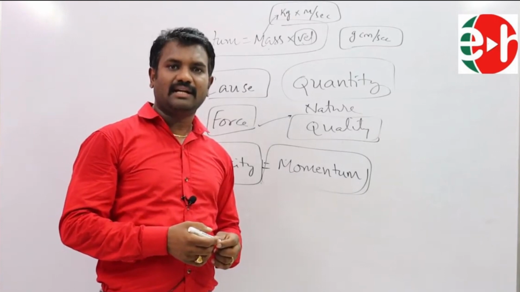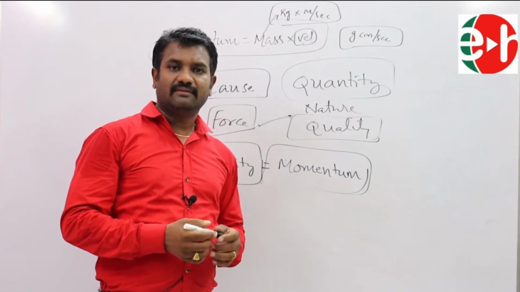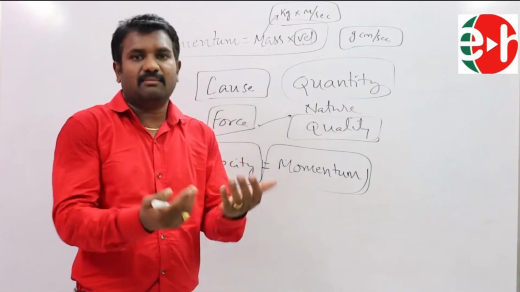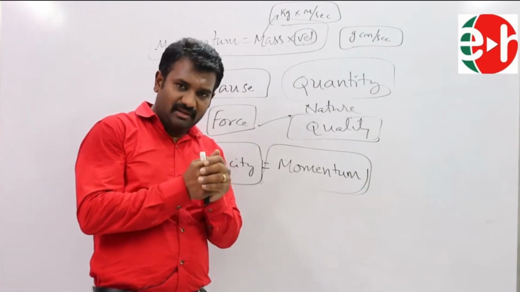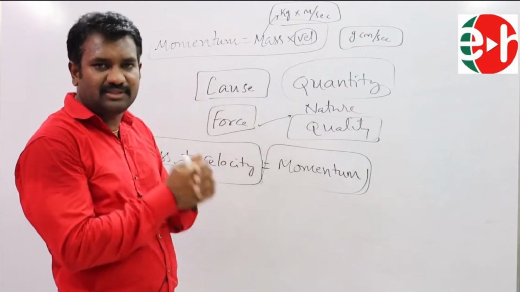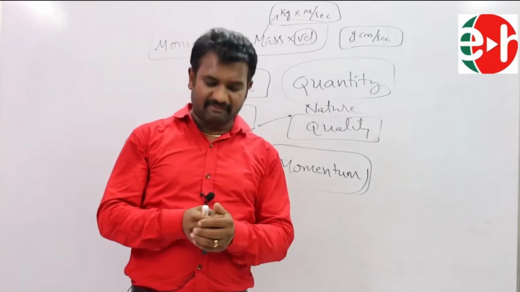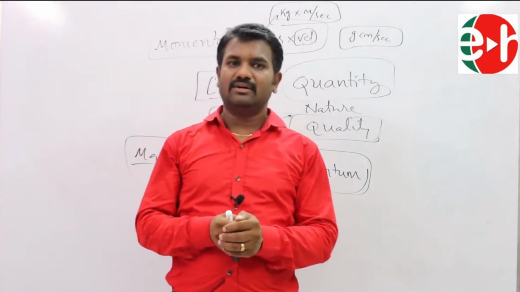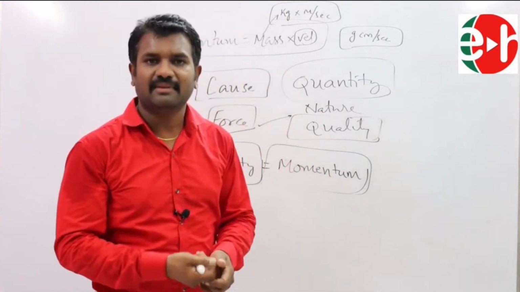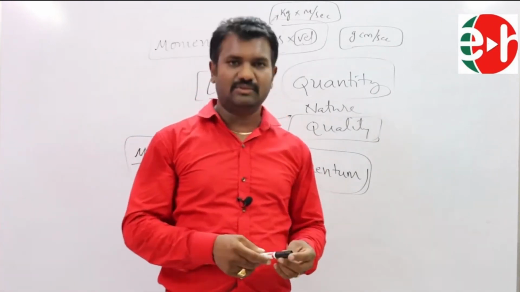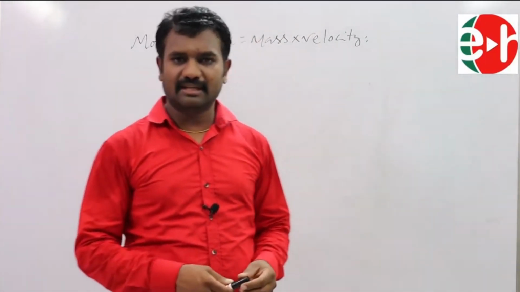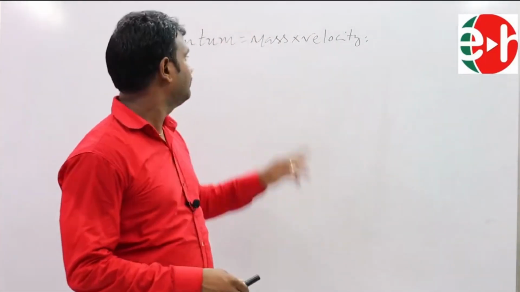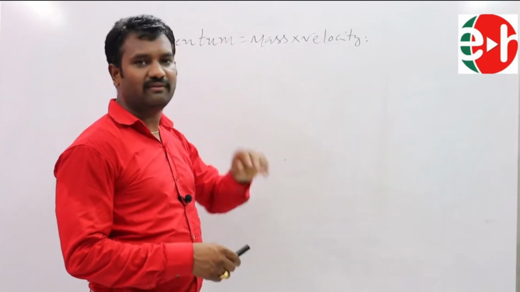Now let us see what happens when the body is in motion. Can this momentum be constant or can this momentum be changed? What happens if the momentum is changed, or what can change the momentum? Like these things we are going to discuss today. A body is described by its momentum, which is equal to mass into velocity.